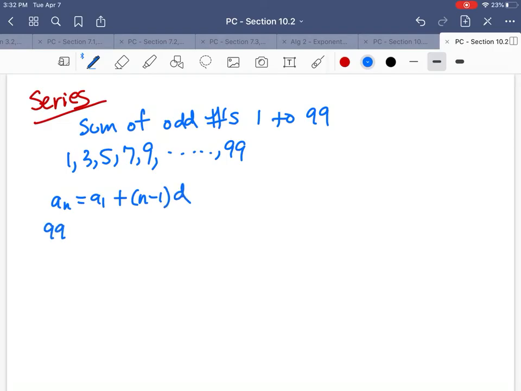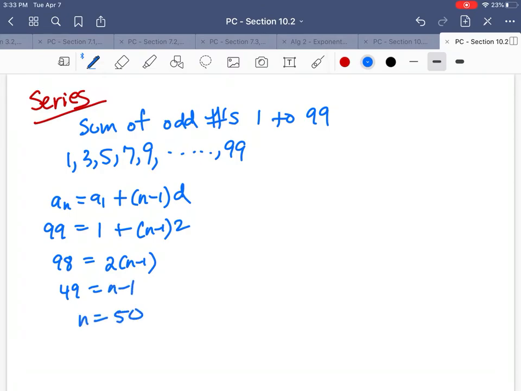I have a term of 99. a1 is 1 plus, this time I don't know n minus 1, but I do know the common difference is 2. So if I solve that, I get 98 equals 2 times n minus 1, divided by 2, I get 49 equals n minus 1. So n equals 50. That means starting at 1 going to 99, there are 50 terms in that pattern.